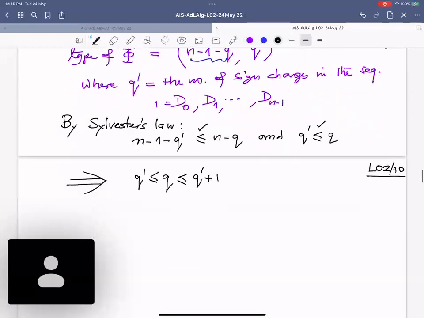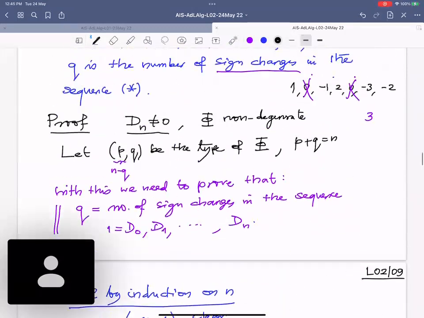And what is the sign of the determinant d, sign of the number dn minus 1? Let us see what is the last one. But that I told you, this observation here.